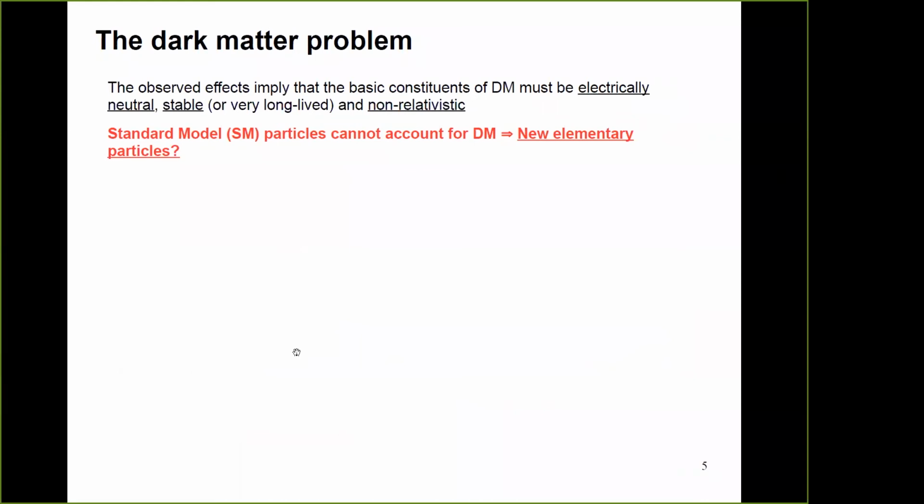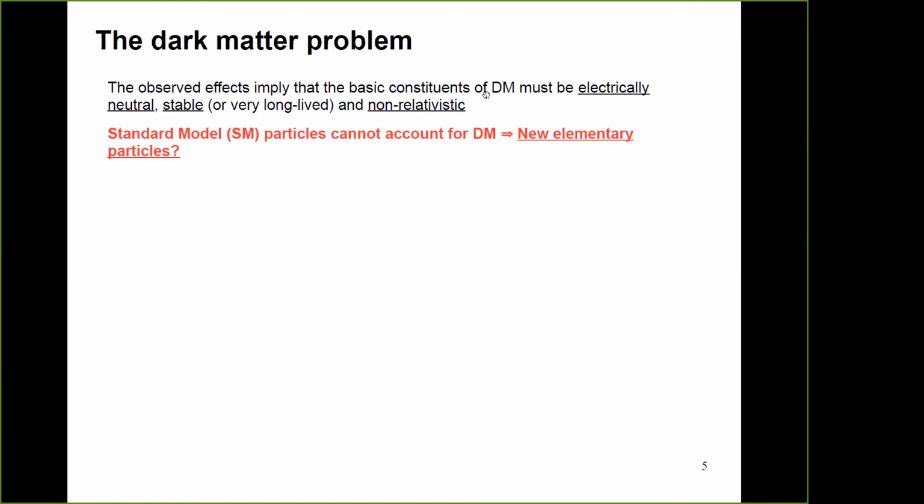In order to agree with observations, this dark matter needs to satisfy three requirements, which are written here. One is that it should be electrically neutral. Otherwise, we would have observed it in some way in the electromagnetic spectrum, but we see nothing. It should be stable because it's been there since the beginning of the universe. And according to how it's distributed, it should be non-relativistic, or in other words, it should be cold.